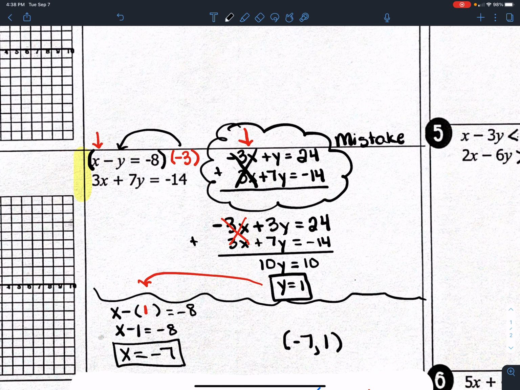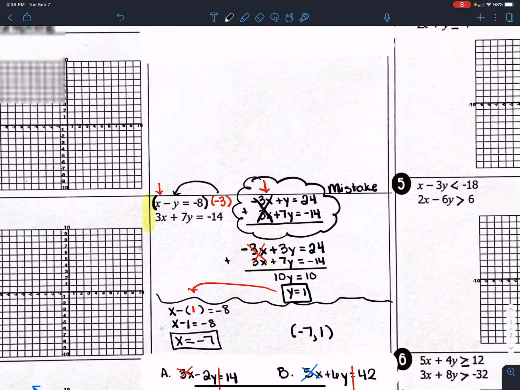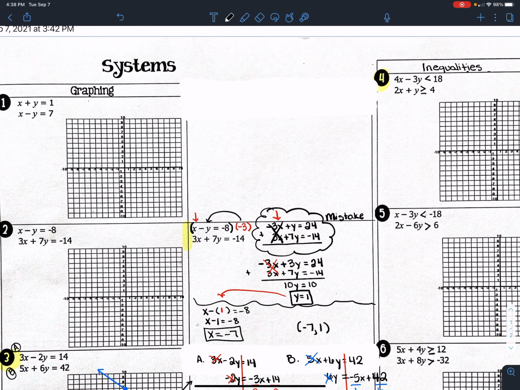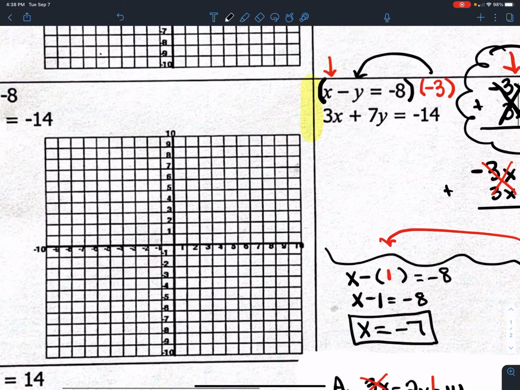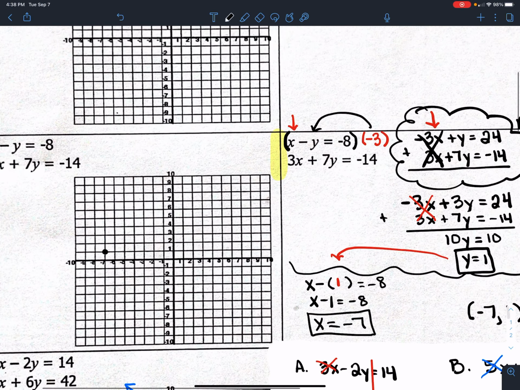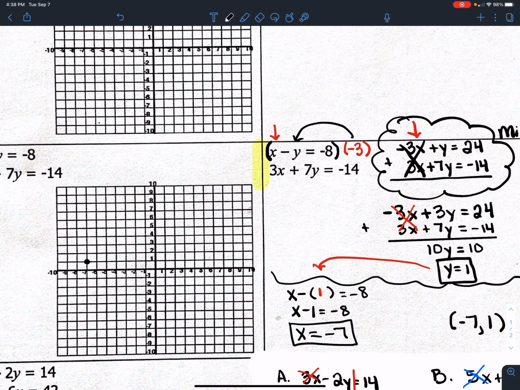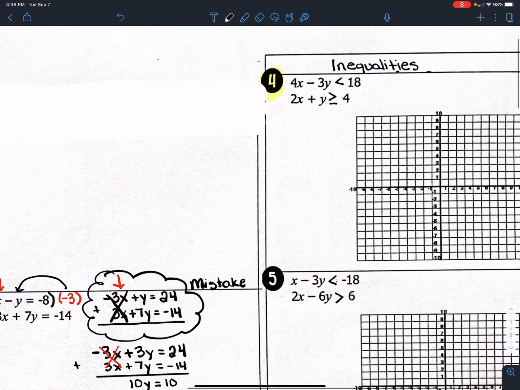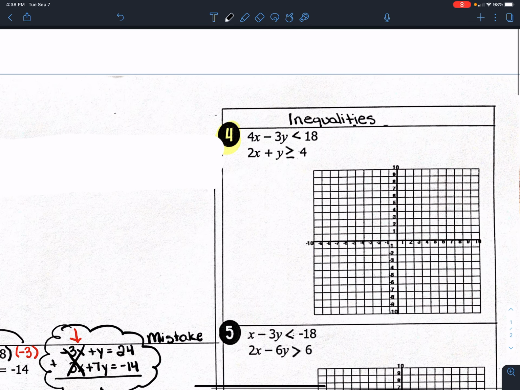Okay, so if you're graphing number 2, your two lines should intersect at -7, 1, which would be right here. That is where those two lines should meet because it's one solution. Okay? All right, number 4.